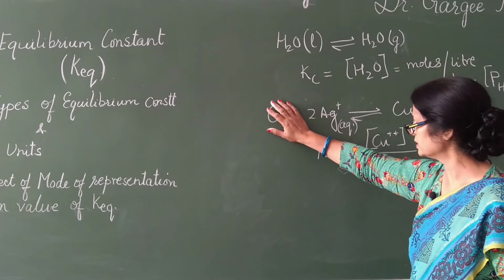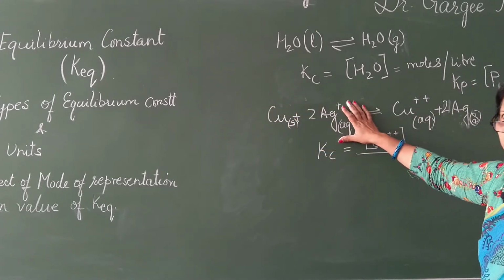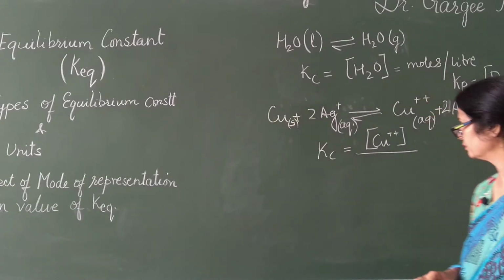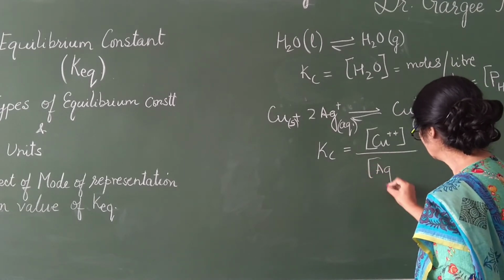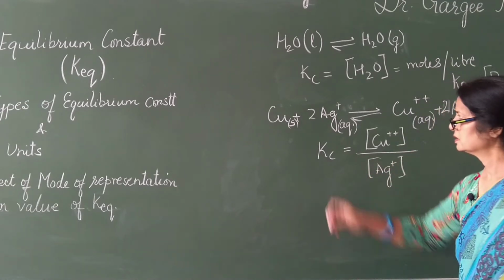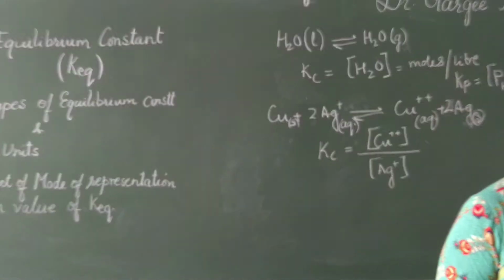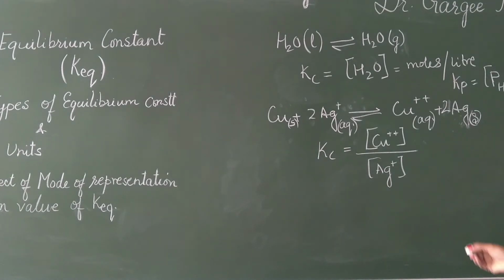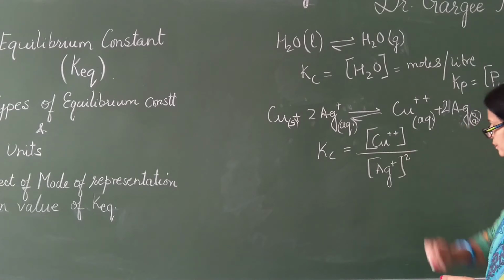This is in solid state and this is our aqueous phase. So we will take the aqueous phase into consideration and keep this one as constant again. So what we get is Ag+, and since the stoichiometry is 2, it will be Ag+ raised to the power 2.